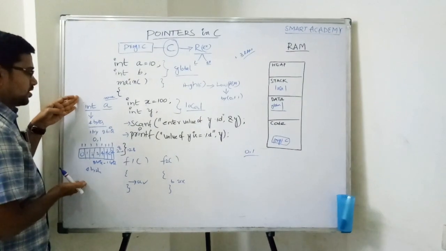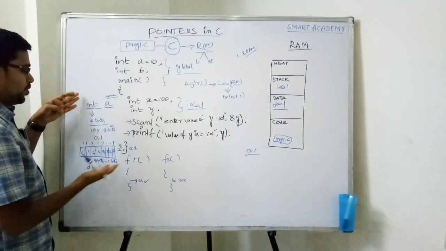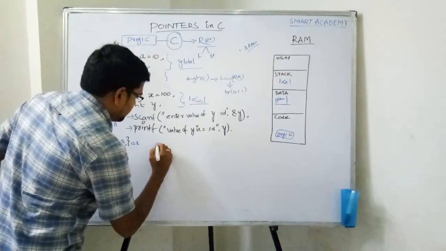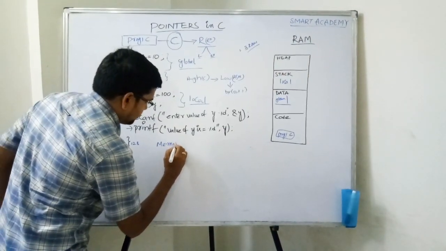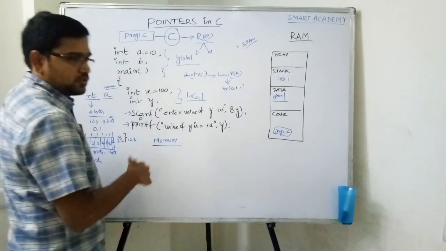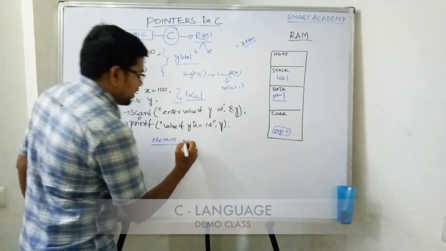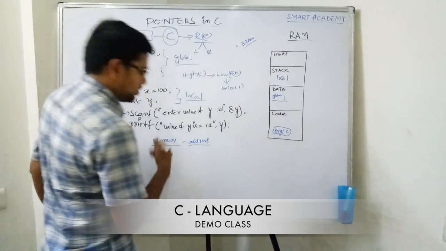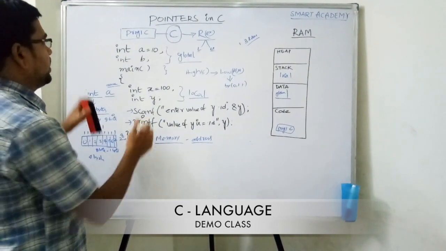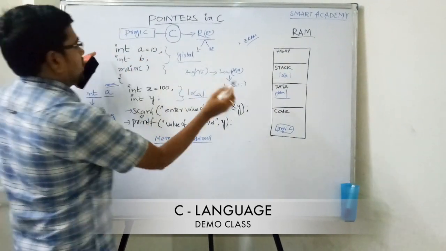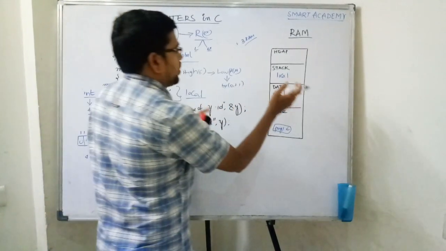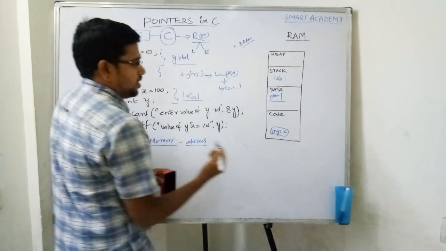As I mentioned, computer is all about memory. So what exactly is the memory? In a computer, memory is nothing but an address to locate. Let us say, when I say int A is equal to 10 and it's a global variable that gets stored in data, what does it mean?